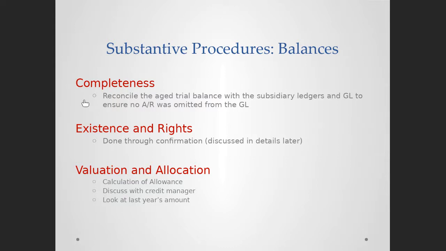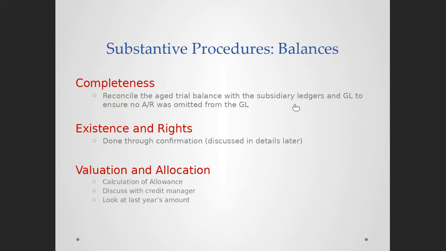What does this mean? You have two documents where all the accounts receivable are listed. The first one is the aged trial balance, which is listing the accounts receivable in different categories such as 30-day old, 60-day old, 90-day old. And then you have the subsidiary ledger. Subsidiary ledger is what you just looked at, the accounts receivable for North Supermarket, right? The accounts receivable of North Supermarket. That's a subsidiary ledger.